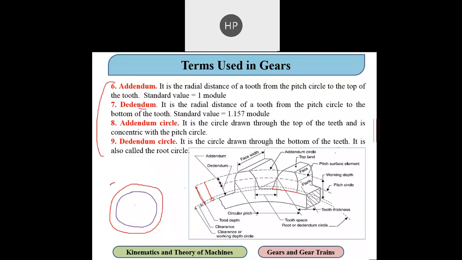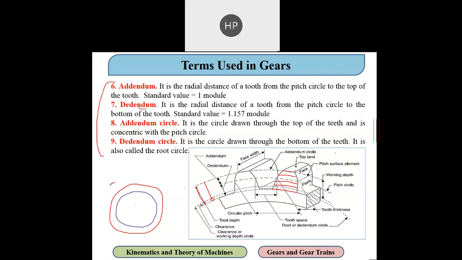Then if you measure the thickness along this point, it will be different. Why? Because your tooth is not straight, it is curved. So if you measure along this point, your thickness will be smaller than this one. Now if you measure the thickness here, it is again smaller than the previous two. If you measure over here, it is smaller than the previous three. And if you measure the thickness over here, it is the smallest one. So on the same tooth, you have different thicknesses.